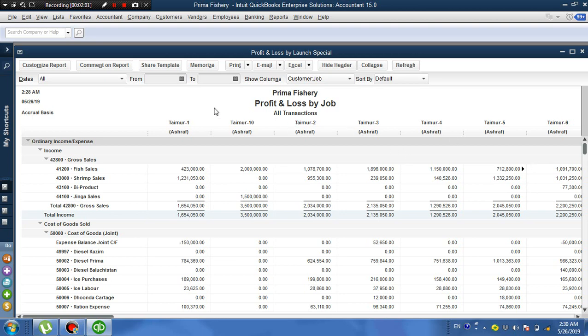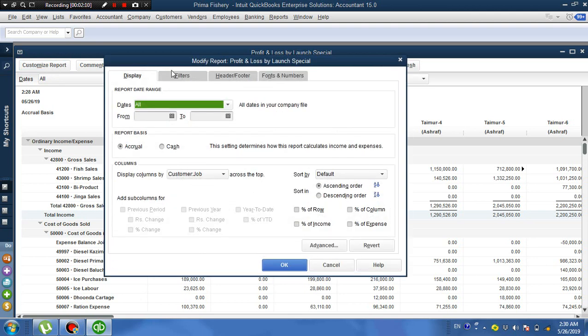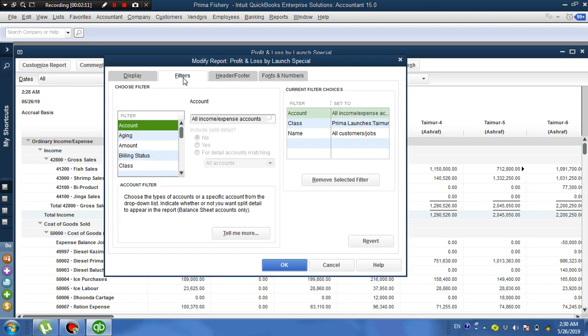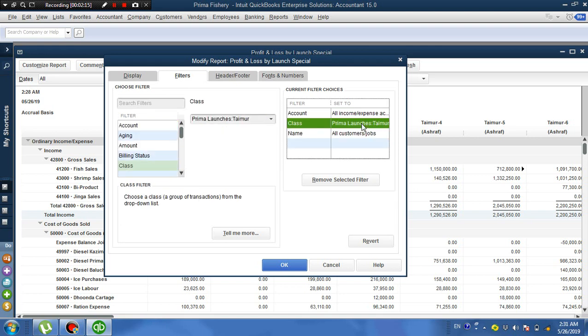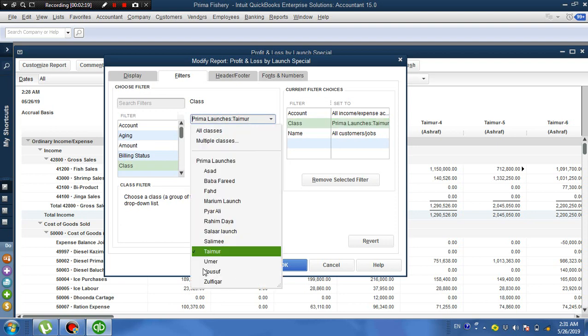Now how can we see the profit of another boat? We'll go to customize report, we'll go to filter, and from here we'll click this and then we'll take another boat. These are all the names of the boats, as I have already explained.